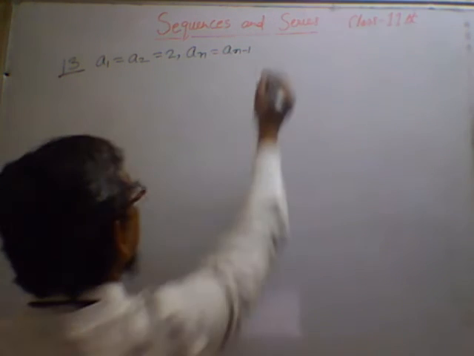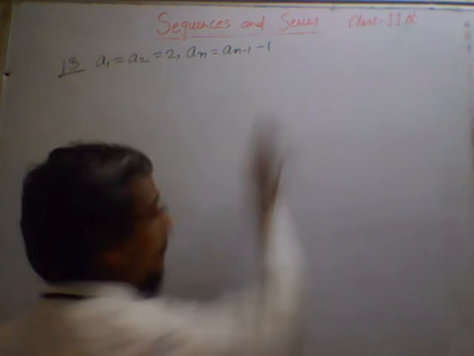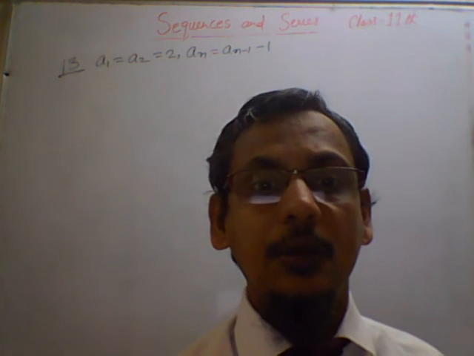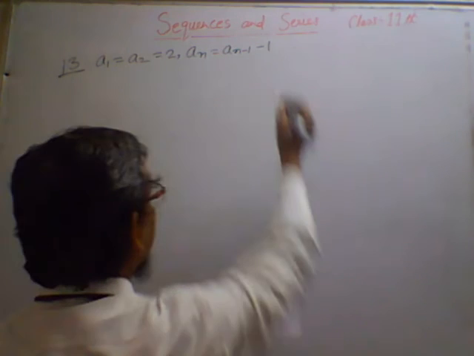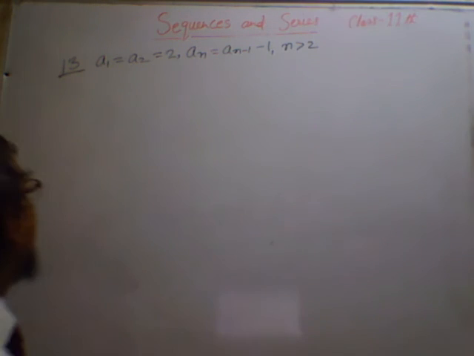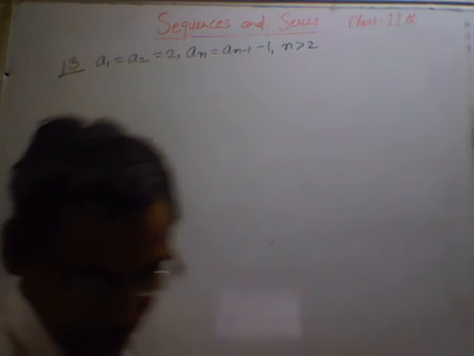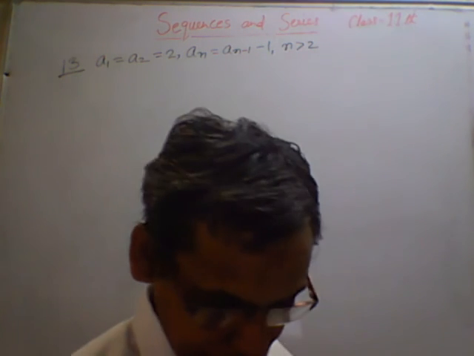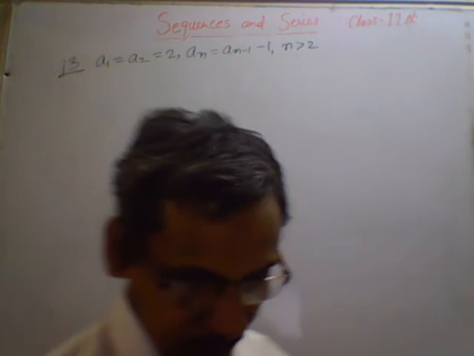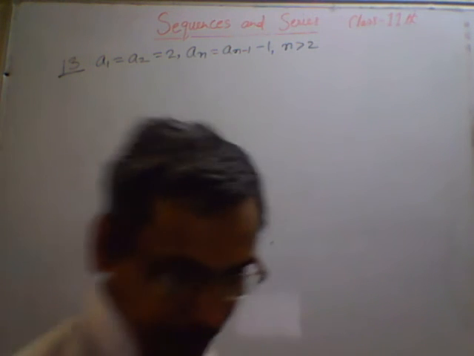Here minus 1. So we have to find out, and n is greater than 2. It has been given, n is greater than 2. We will consider n is greater than 2.